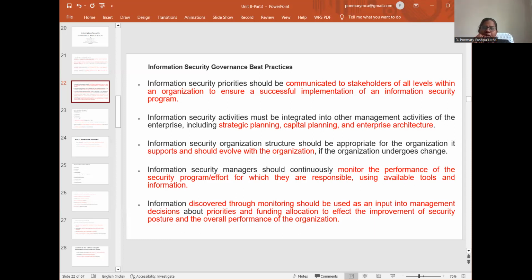The performance is monitored, and input may be given after they monitor the performance. If anything needs to be changed, we can change it based on the performance. Priorities and funding allocation affect the improvements of security posture.